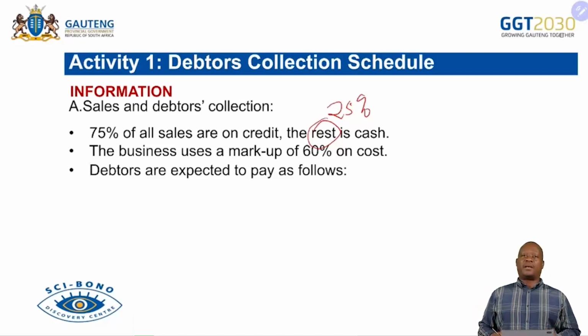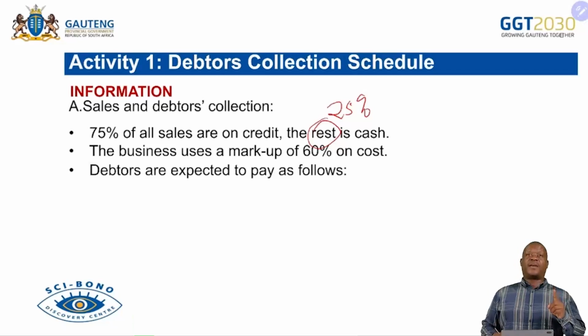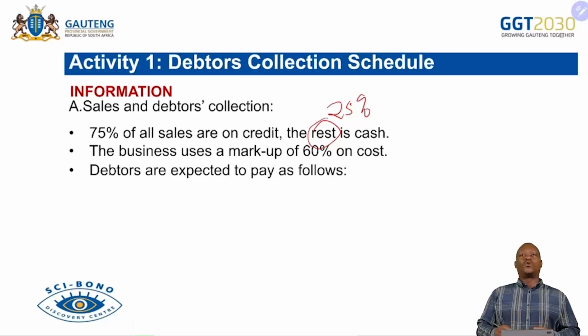Now, what does that mean? It simply means cost of sales is equal to purchases. So, remember markup, we usually use it to calculate our cost of sales. So if they are saying cost of sales is equal to purchases, then it means we can still use our markup to calculate our purchases. You'll see it as we go through this.